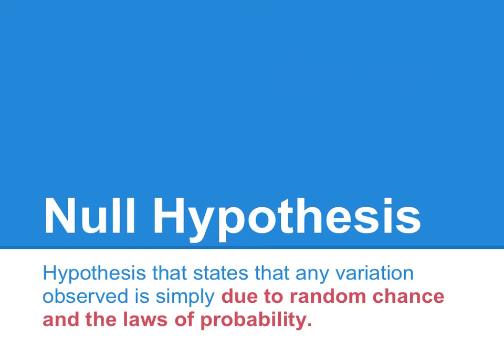So, in the world of statistics, we generate this hypothesis known as the null hypothesis. The null hypothesis is a hypothesis that states that any variation that we do observe is only and simply due to random chance and the laws of probability. Nothing else is causing you to roll a 6, then a 3, then a 4, then a 2, then a 6 again.